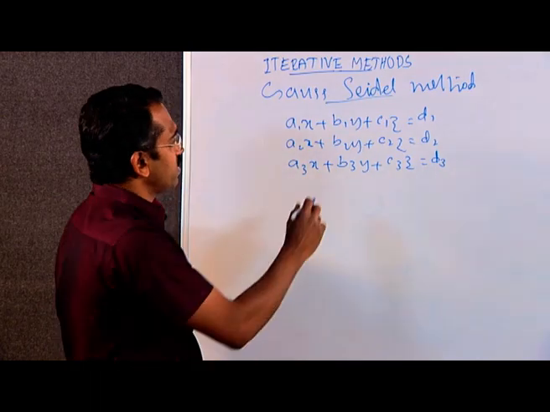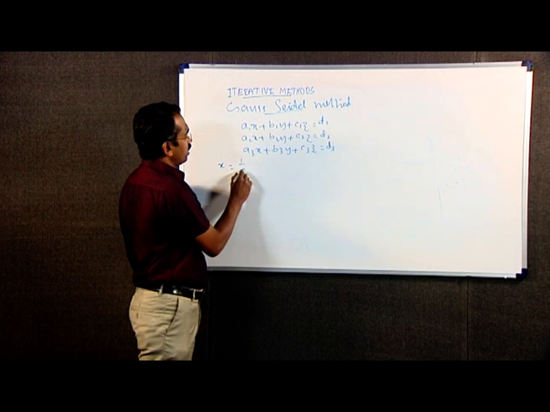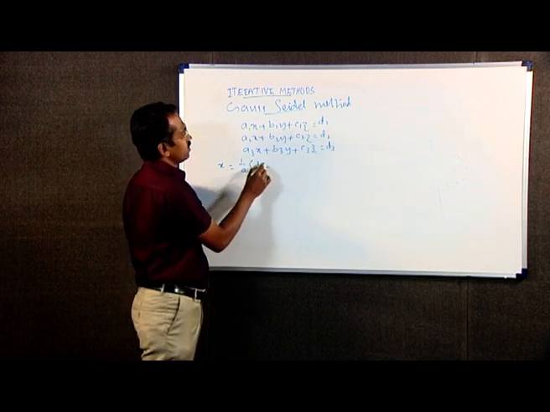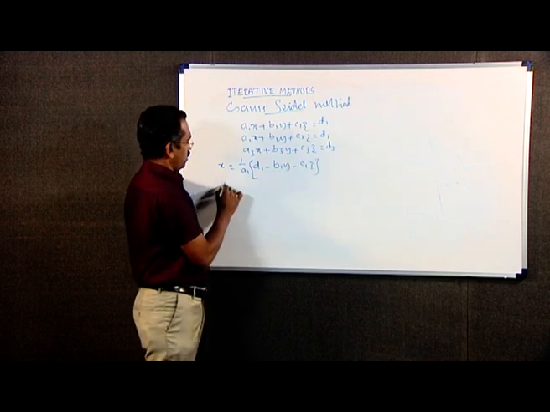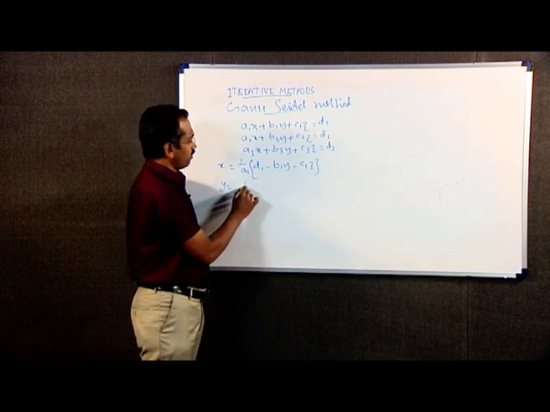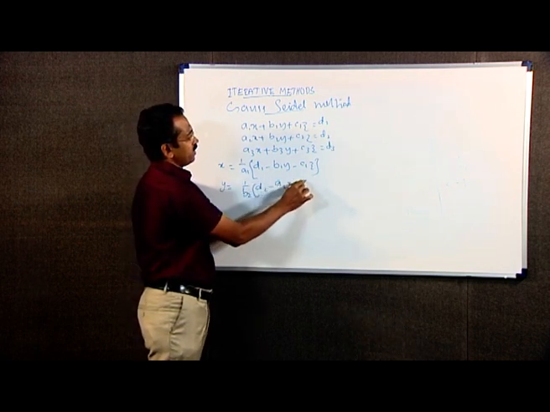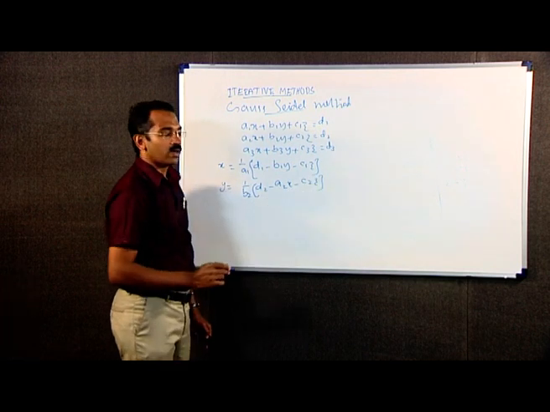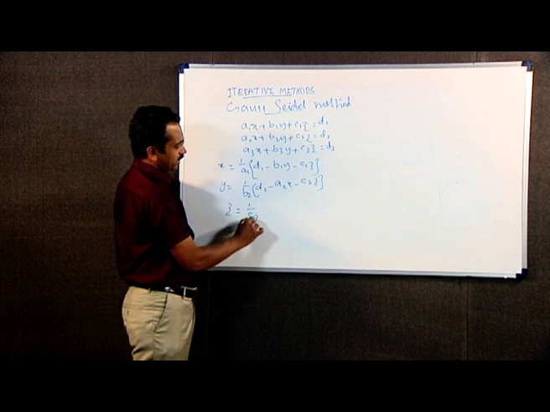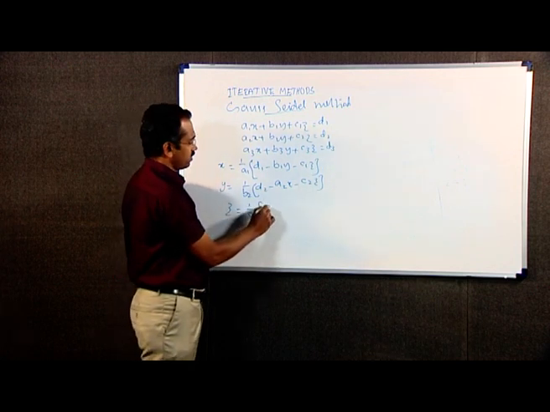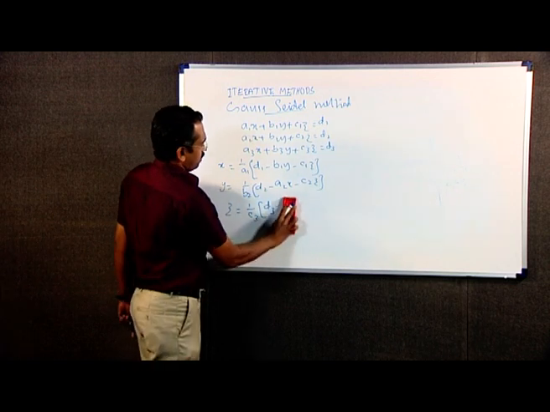From this system, we can write x is equal to 1 by a1 into d1 minus b1y minus c1z, y is equal to 1 by b2 into d2 minus a2x minus c2z, and z is equal to 1 by c3 into d3 minus a3x minus b3y.